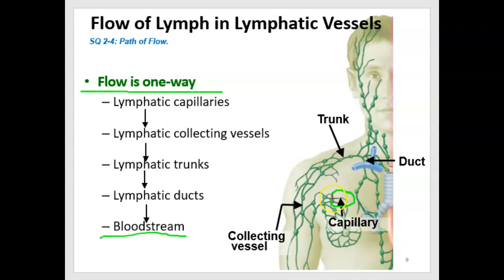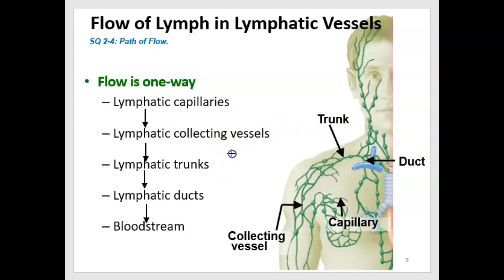That's really small, so this is a lymphatic capillary. And as lymph travels to the left, more capillaries merge together, eventually forming a larger vessel called a collecting vessel, or collecting lymphatic vessel. And then many lymphatic collecting vessels merge together to form a lymphatic trunk. And then lymphatic trunks merge together.